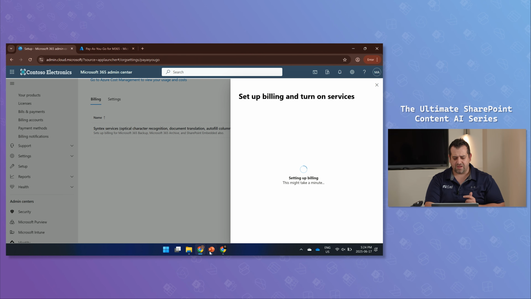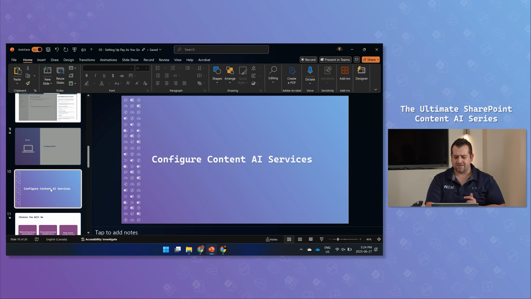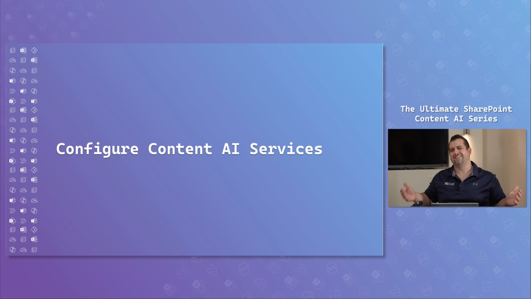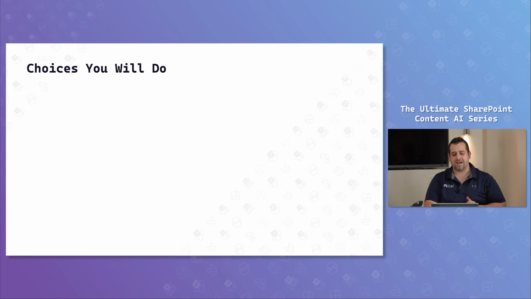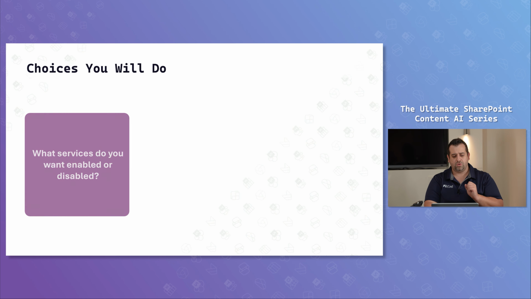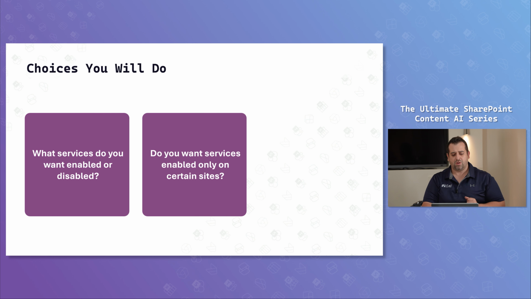While this is being done, let me talk about the next topic, because it can take a few minutes. We'll give it the time it needs. We then need to configure the Content AI services. So what you will do is decide what services are enabled, what services are disabled. You will also decide for some of the sites, do you want OCR, for example, enabled on all the SharePoint sites in your tenant or only on some of them?